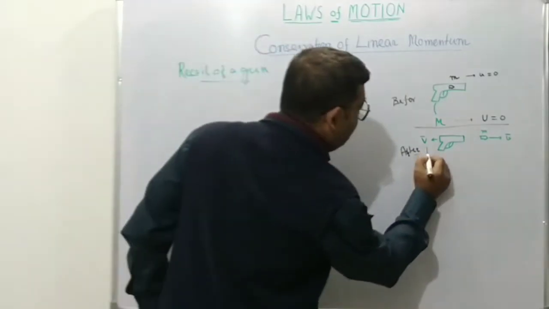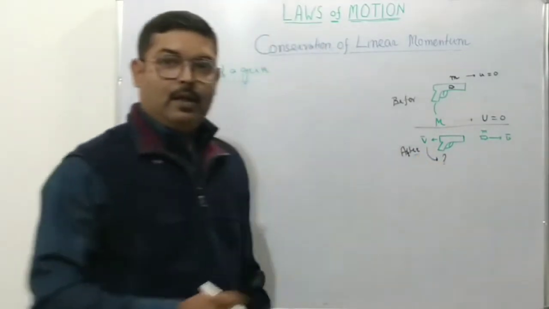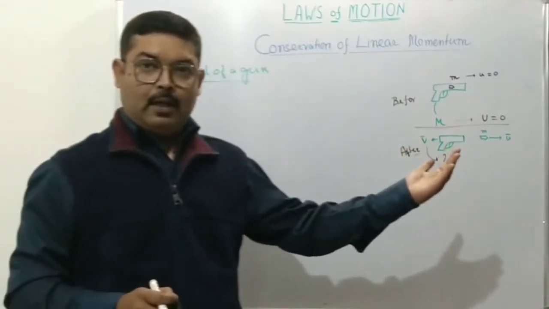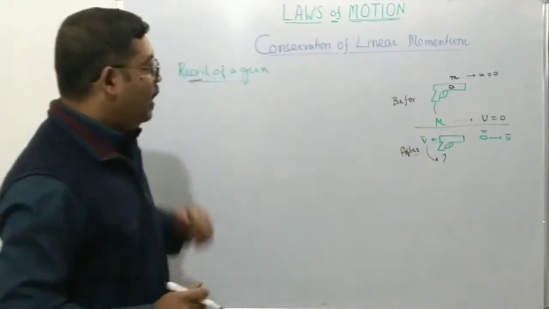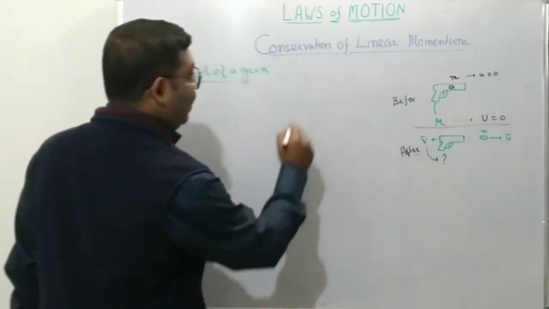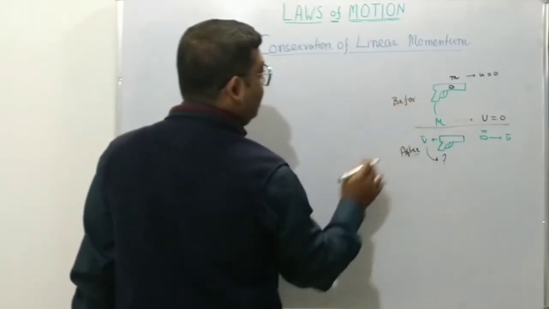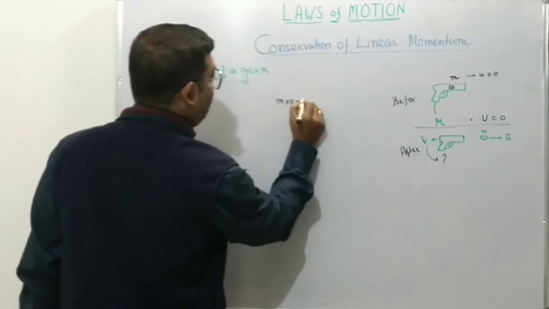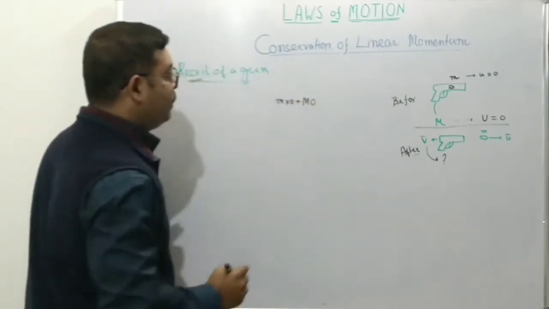We want to find the value of this velocity, the velocity of recoil, with which the gun will move backwards. That velocity can be found from the law of conservation of momentum. How? Before the bullet was fired, the net momentum was m into 0 plus capital M into 0.